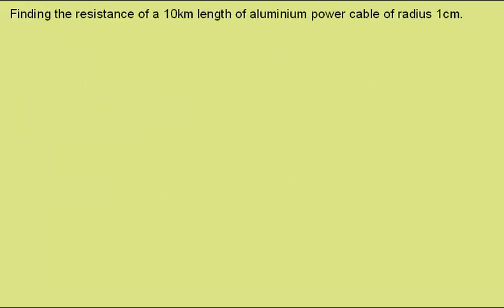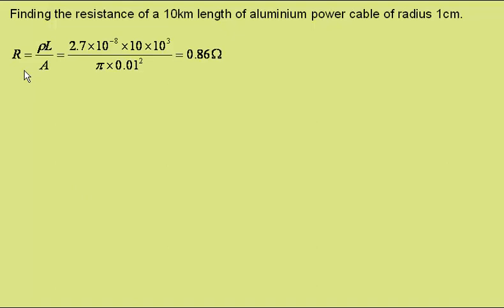As an example, we could find the resistance of a 10 km length of aluminium power cable of radius 1 cm. For this we need the equation R equals rho L over A, where R is resistance in ohms, rho is resistivity in ohm meters, L the length in meters, and A the cross-sectional area in square meters.